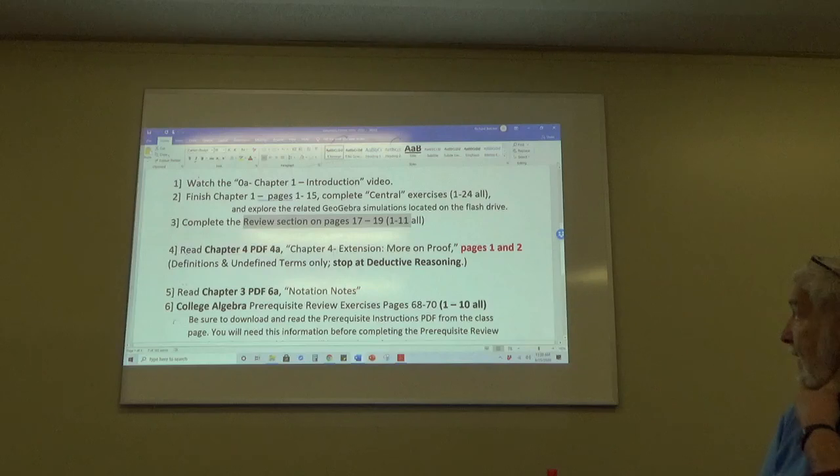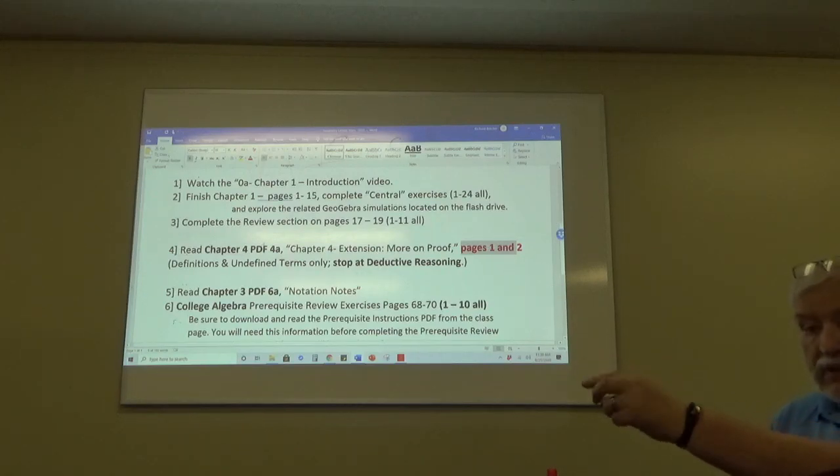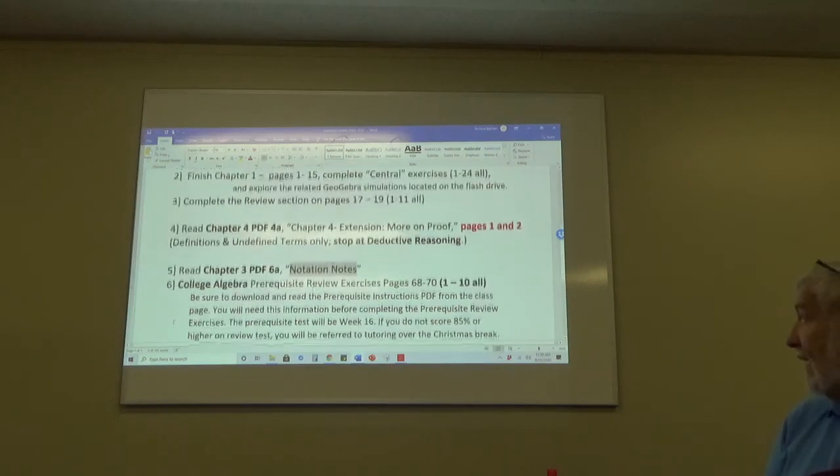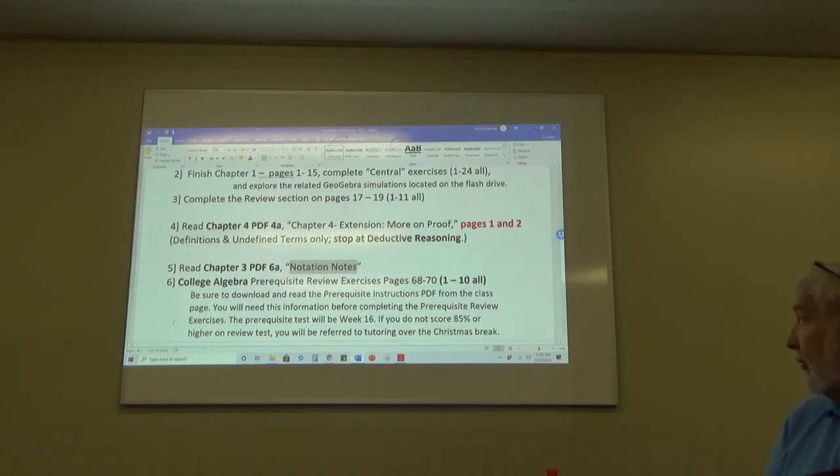All right. Then you're going to read these pages, and I'll put that up. This is on your drive. You're going to read those pages, and then you're going to read this page. And I think it's two pages here too. And then I'll also put this up.